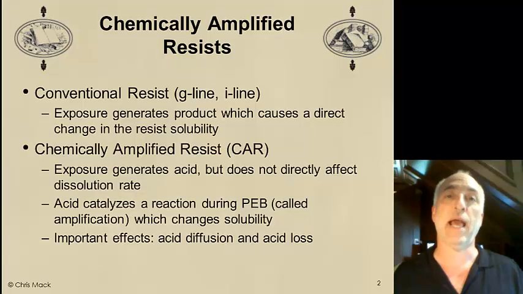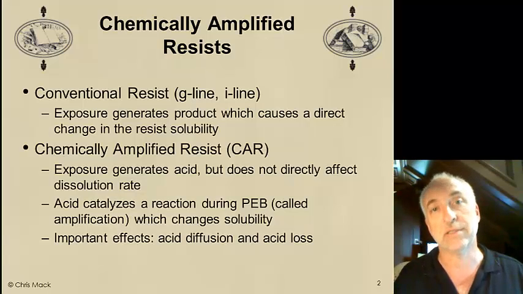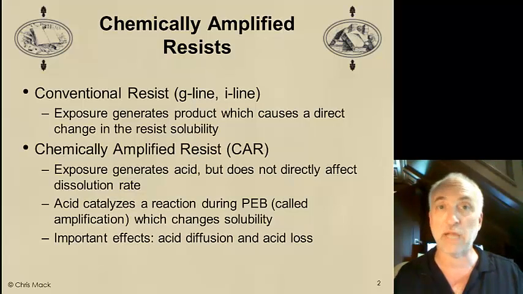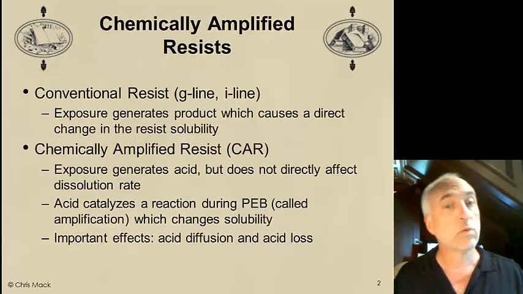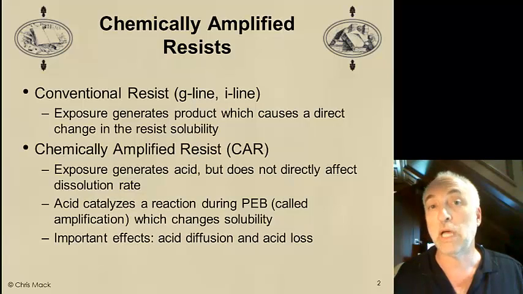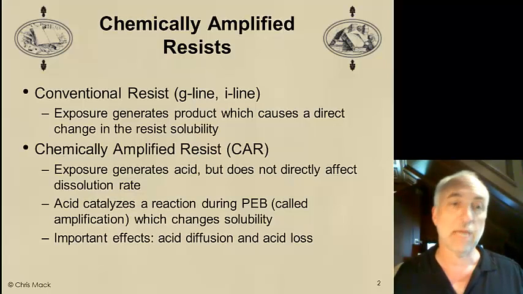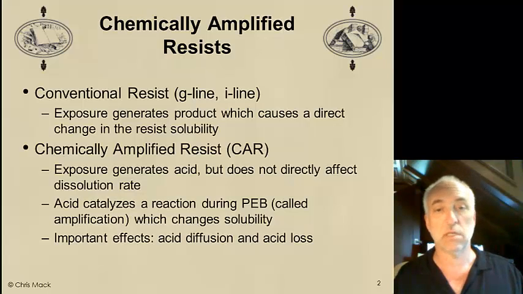Instead, the acid acts as a catalyst for a second chemical reaction that occurs during the post-exposure bake, or PEB. We call this catalysis reaction acid amplification, and that's why we get the name chemically amplified resist. It's the amplification reaction that changes the solubility of the polymer resin in the photoresist.